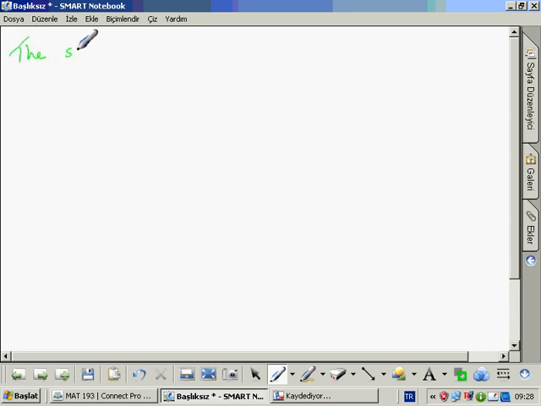The slope of a curve C at a point P is the slope of the tangent line to C at P, if such a tangent line exists.